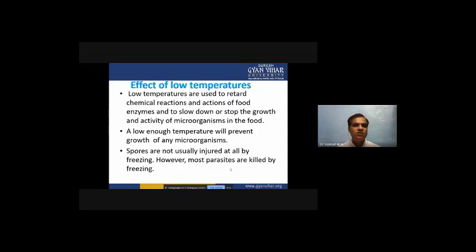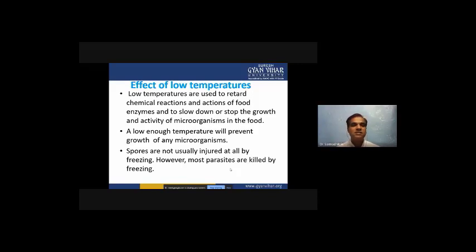Now, the effect of low temperature. When we keep the food material at low temperature, it can preserve the food, because many enzymes will not be functional at low temperature. Enzymes also require a perfect temperature for the conversion of substrate to product.